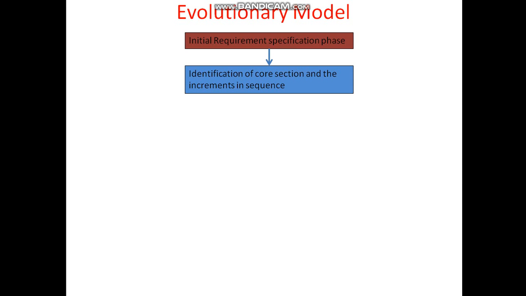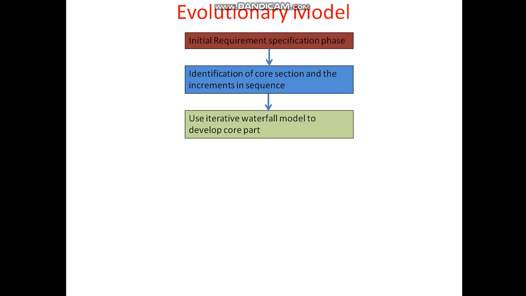Here we have to divide our project into a number of functionalities, and develop each and every functionality independently. This is the overall logic of the evolutionary model. Once we get the core part of this project, that part is independently developed using the iterative waterfall model.